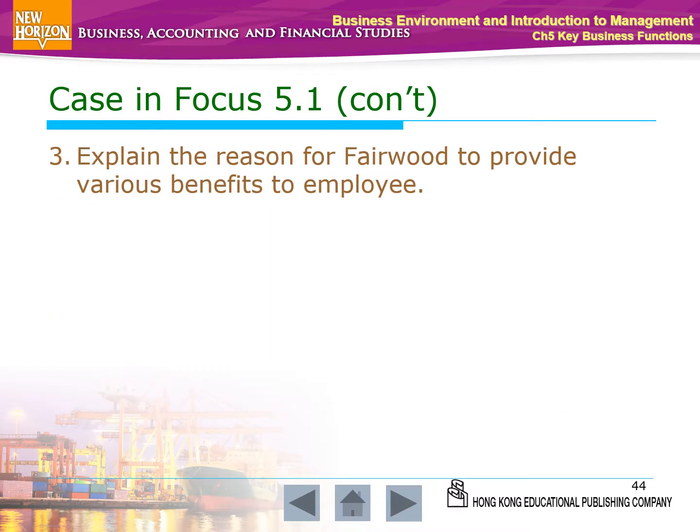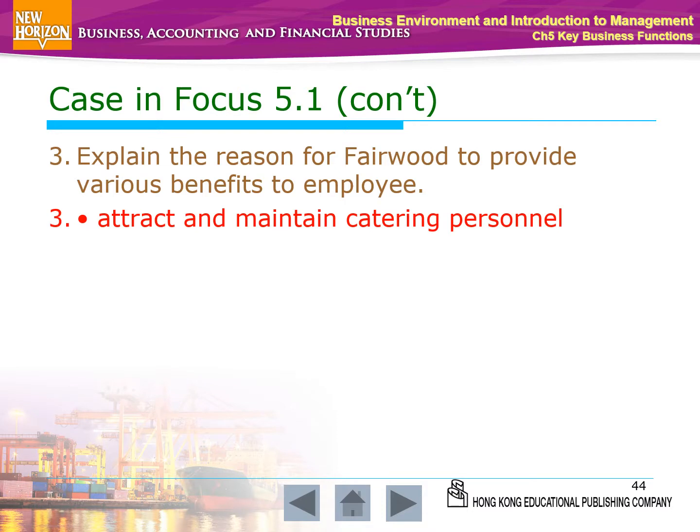And number three is about human resources management. You are required to explain the reason for the company to provide various benefits to employees. Of course, employees are an asset to Fairwood. So Fairwood will try to attract and maintain catering personnel.